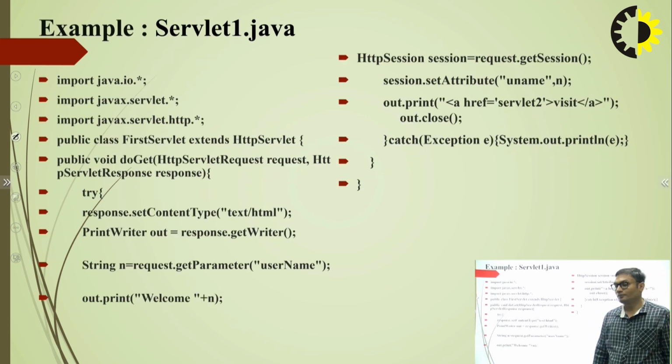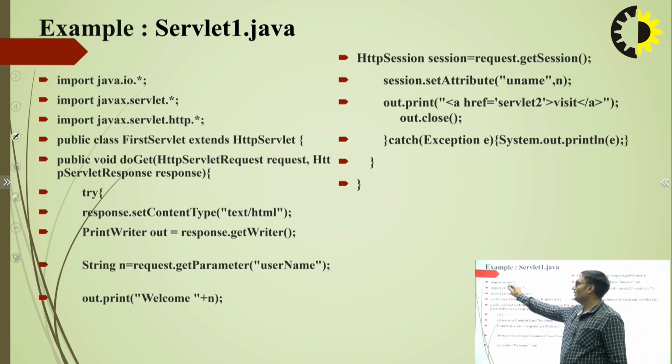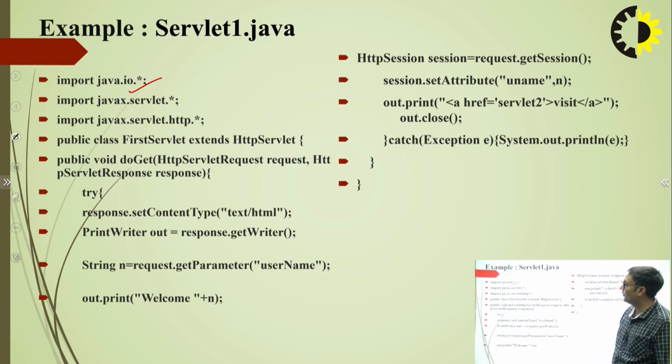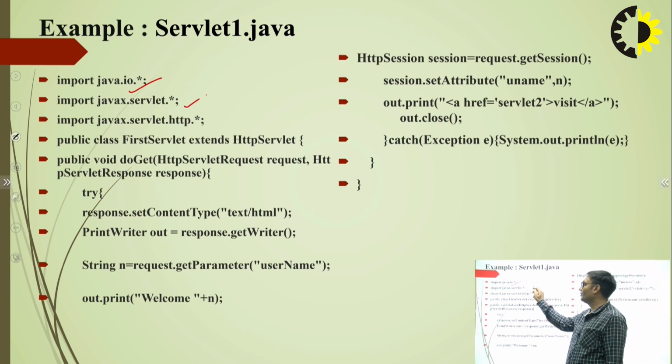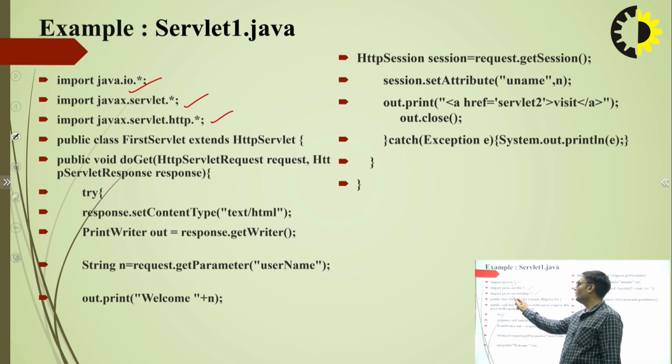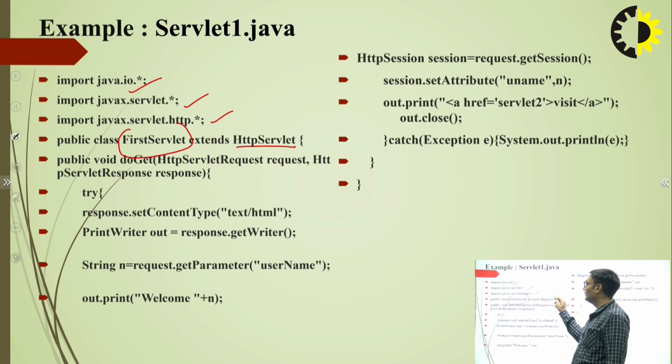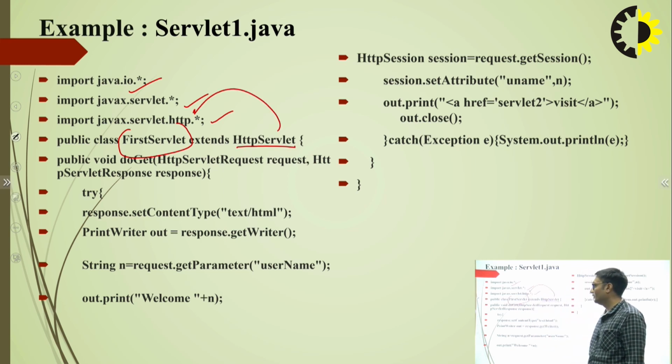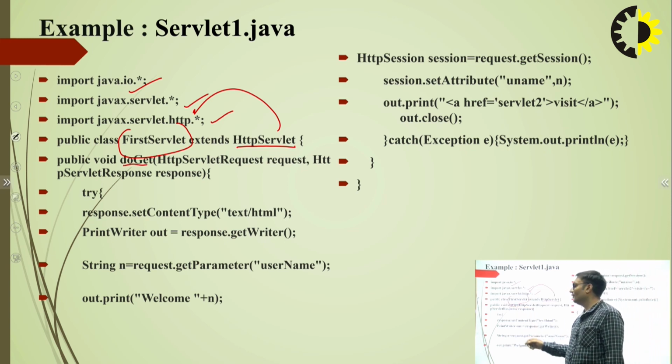Now firstly we will import the java.io package, then the javax.servlet package, and the javax.servlet.http package. For example, I'm giving the name of my class FirstServlet, and it is extending HttpServlet. HttpServlet is coming from this package. Here I'm using the doGet method.